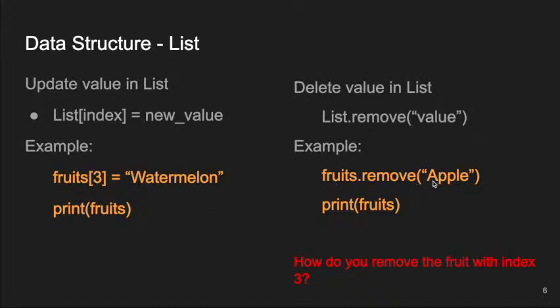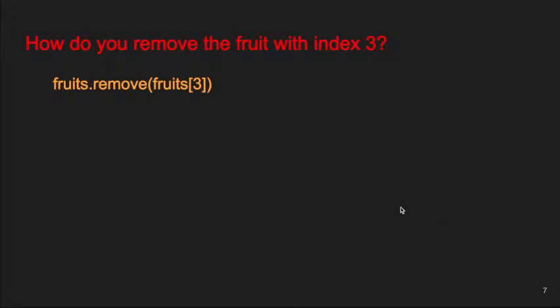So you need to just plug it in here, and then you'll be fine. Try this and see whether these statements help you to remove the fruit that had index of 3.